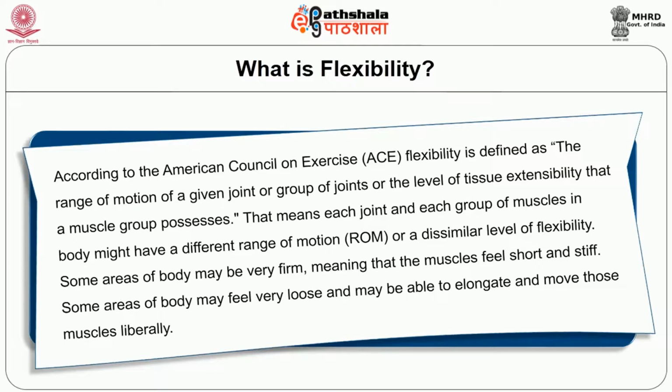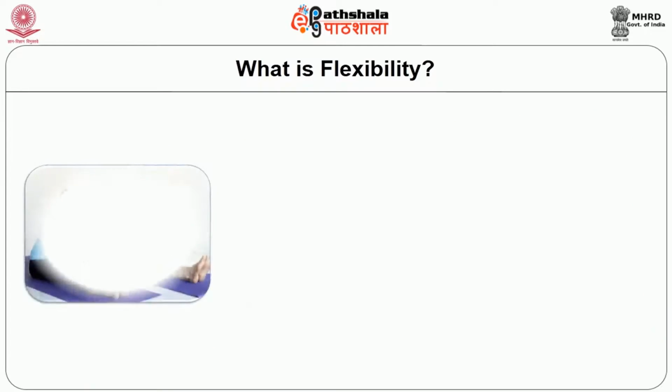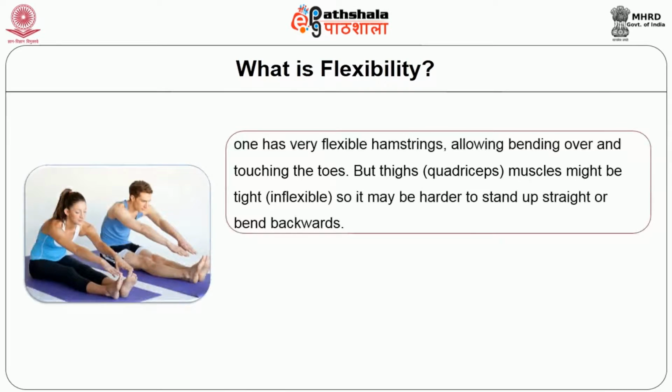Some areas may feel very loose and may be able to elongate and move those muscles liberally. For example, one has a flexible hamstring allowing bending over and touching the toes, but the thighs, that is the quadriceps muscles, might be tight, so it may be harder to stand upright or bend backward.